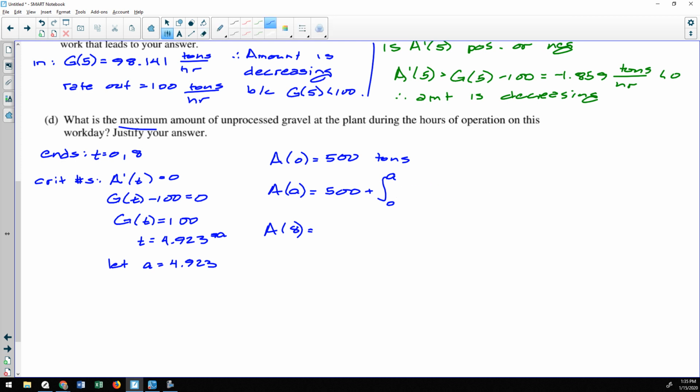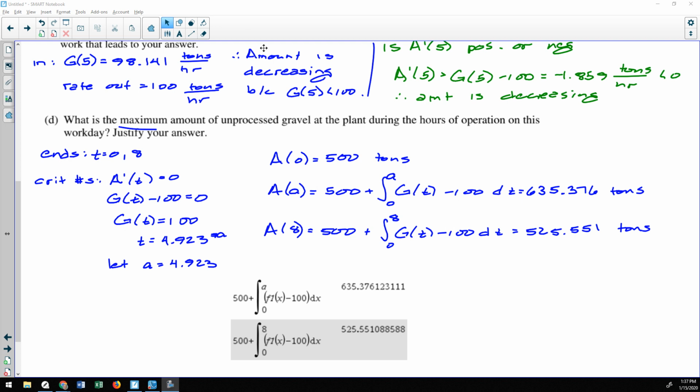And so I may go ahead and just write G of t minus 100. That is my overall rate of change. And I'll do the same thing down here. A of 8 is going to be my initial amount plus the integral from 0 to 8 of G of t minus 100. We will throw both of those in the calculator to see which one gives me the highest amount, and that will be our answer.